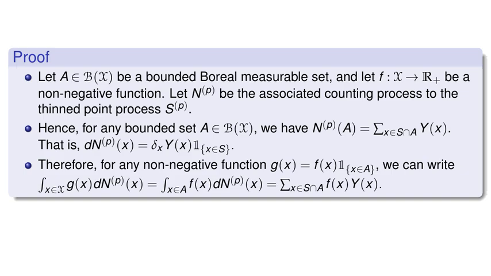Therefore, for any non-negative function g(x), which we can write as f(x) times the indicator that x is in A, the integral over x in 𝒳 of g(x) dN^p(x) equals the integral over x in A of f(x) dN^p(x).